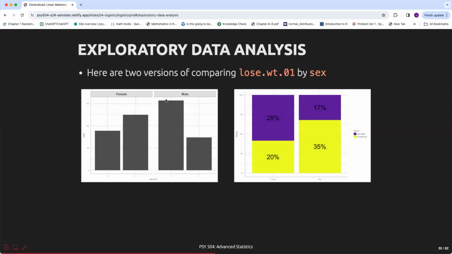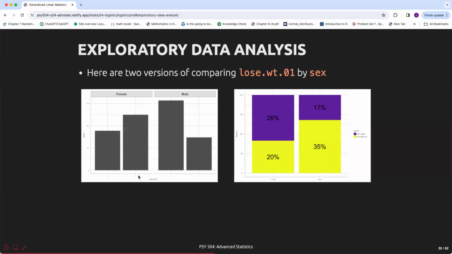So what I have highlighted here are two different interpretations of the relationship between losing weight and sex. On the left-hand side, we just have bar plots with count on the y-axis. So what can we glean from this visualization in terms of the relationship between losing weight and sex? 0 is not wanting to lose weight and 1 is the desire to lose weight.